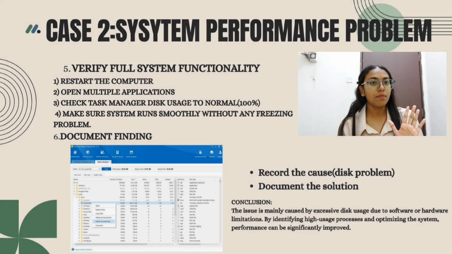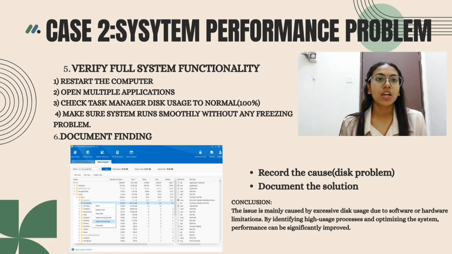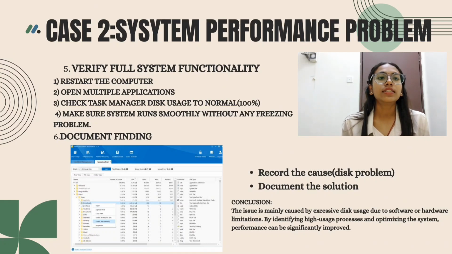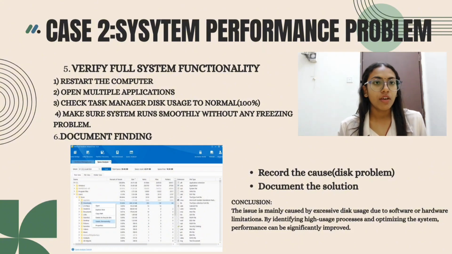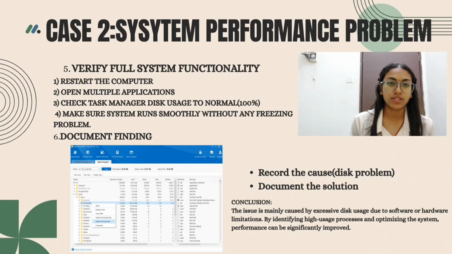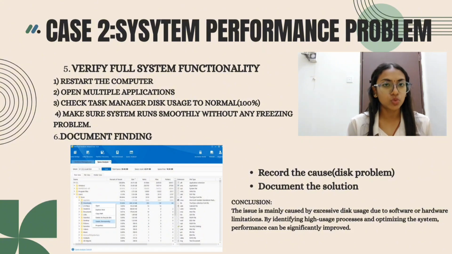For the fifth step, you need to verify full system functionality. The first step, you need to restart the computer. The second step, you need to open multiple applications. For the third step, check the Task Manager disk usage returns to normal, not 100%, and make sure the system runs smoothly without any freezing problem.